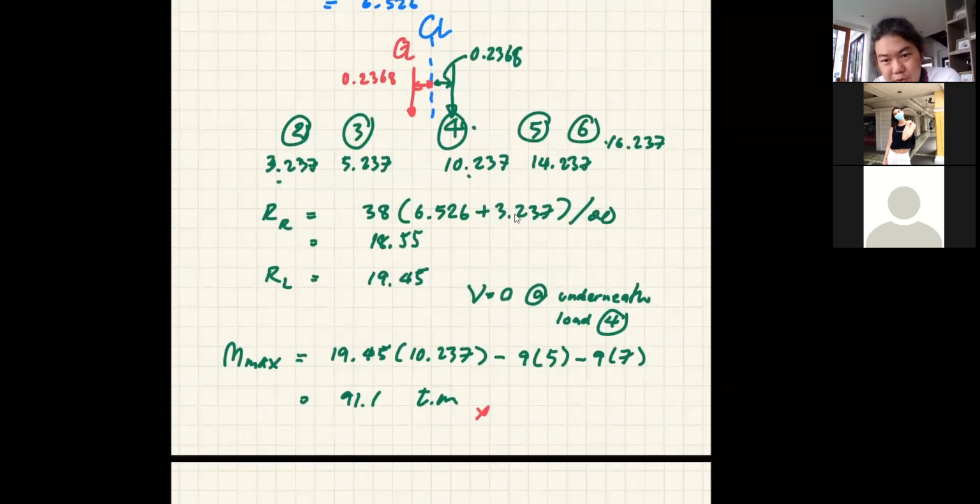Because we are doing this to obtain the load placement. If you do that, you will not get it because you don't have the knowledge to place the load where it will hurt the beam the most.